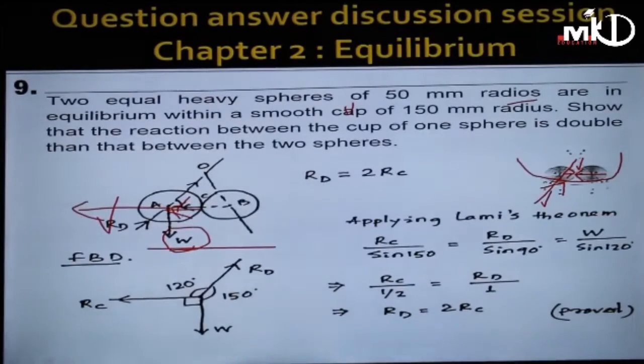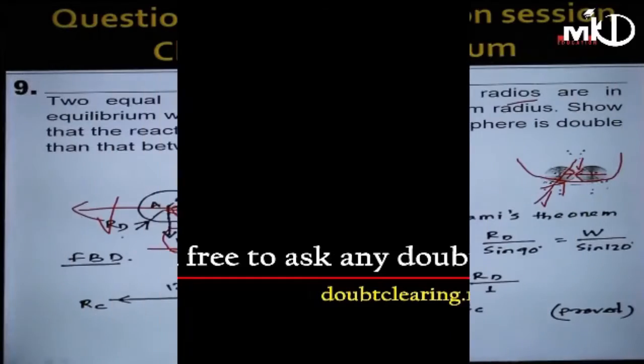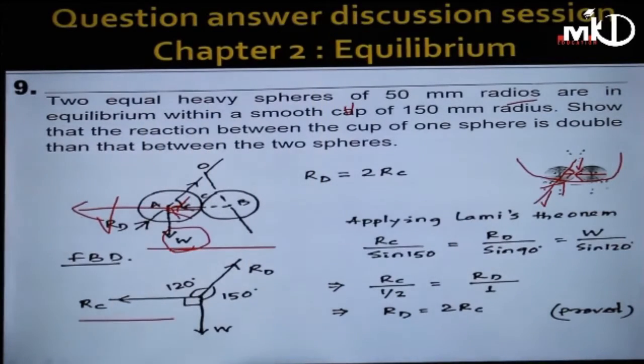So if you take body B, then we will take it towards the right, that cylinder A or roller A puts on B. Now we will take only three forces. Now RC means this body acts upon A, and RD, the reaction of cup and sphere, and weight.